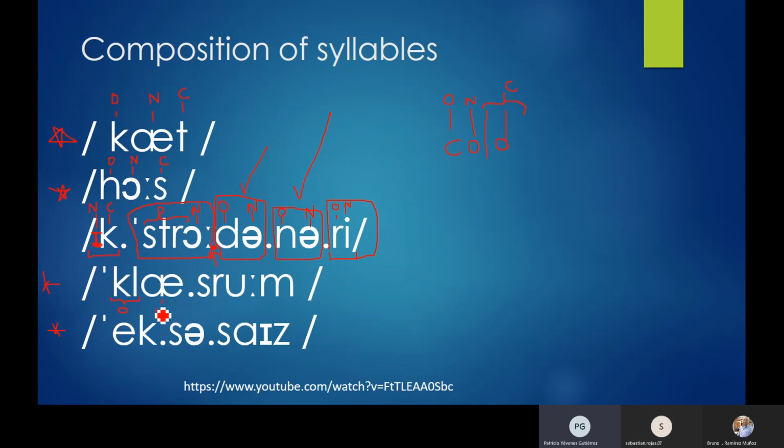In the second syllable, the onset is an R, one onset composed of two sounds, and the sound U is the nucleus.